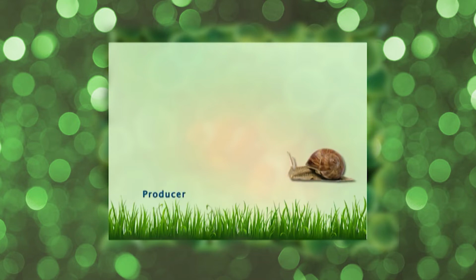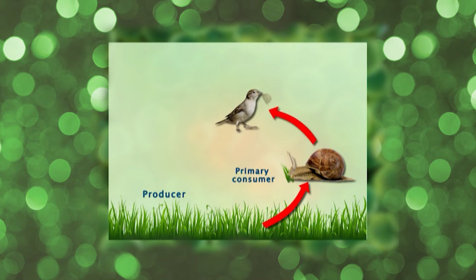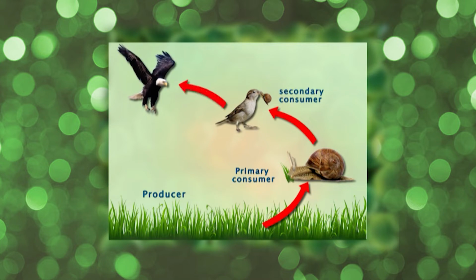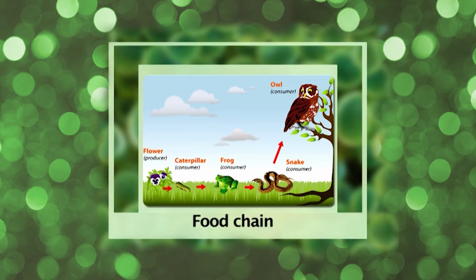The most obvious interaction between organisms in an ecosystem is feeding, during which one organism is obtaining food, energy and raw materials from another one, but then may itself be food for a third species. This sequence of eating and being eaten in an ecosystem is known as a food chain.